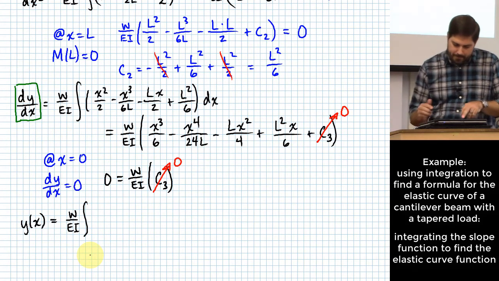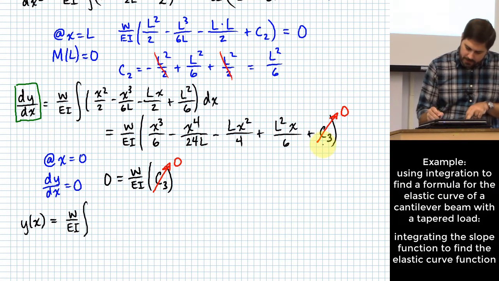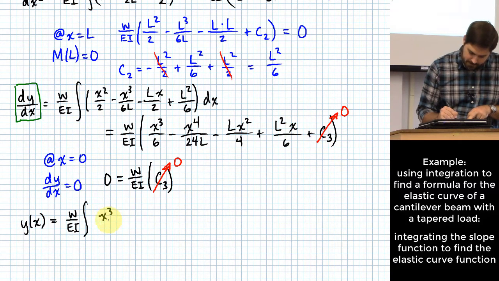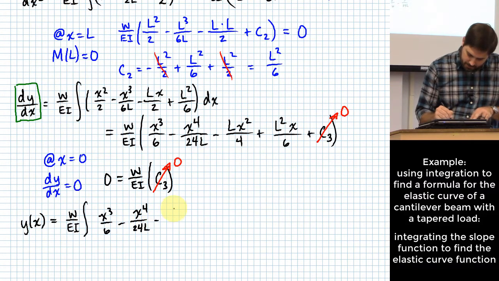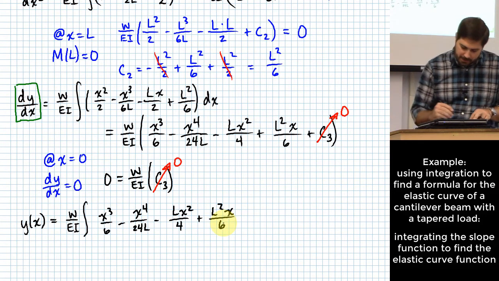And then what do I put in here? x cubed over 6 minus x to the 4th over 24L minus Lx squared over 4 plus L squared x over 6. C3 is now 0.